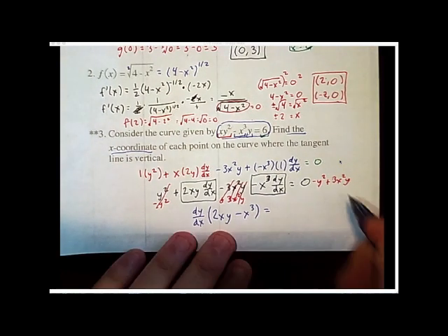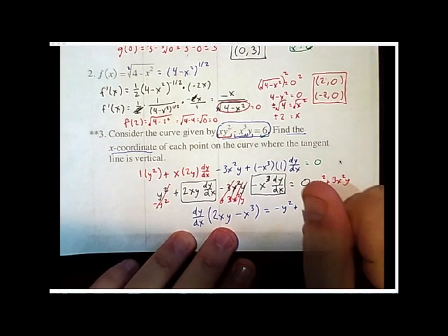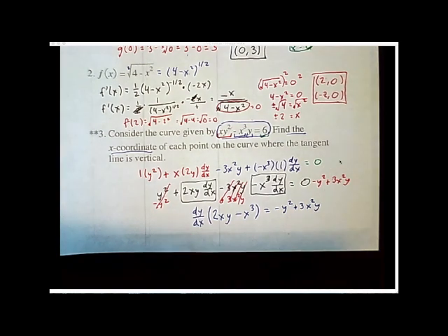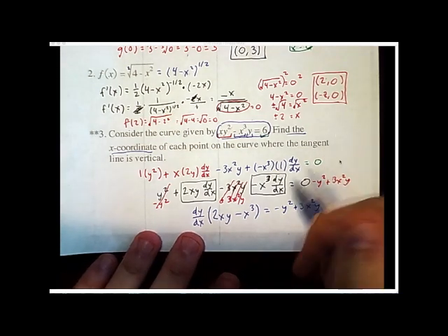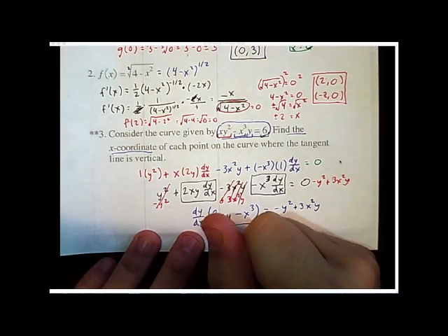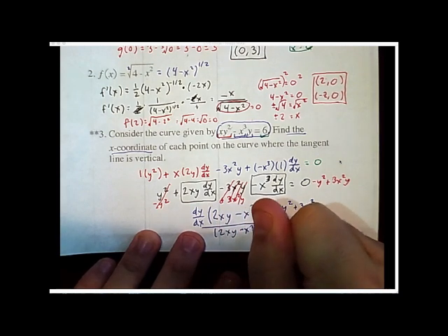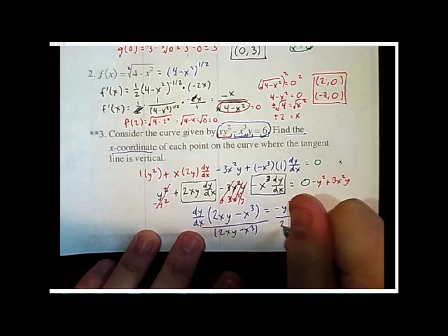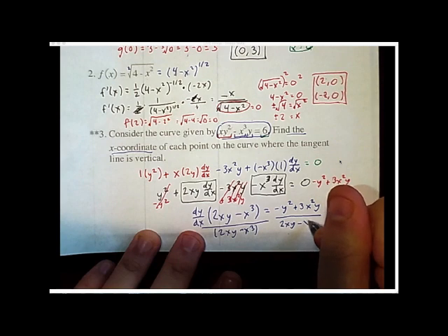And on this side I have a negative y squared plus 3x squared y. So if I wanted to solve for dy/dx, I would have to divide both sides by 2xy minus x cubed.